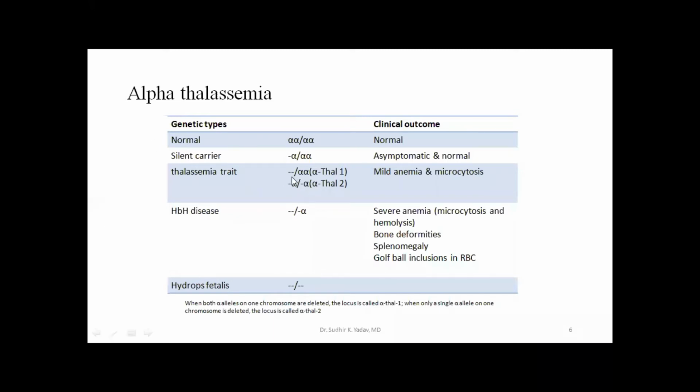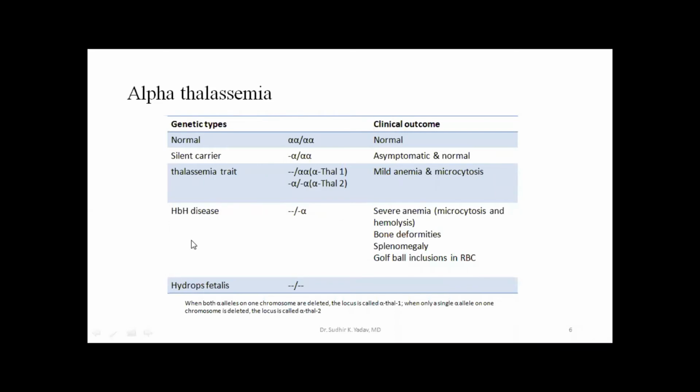If both the alleles are deleted on one chromosome, then it will be known as alpha thalassemia 1. And if one allele is deleted from both the chromosomes, it will be known as alpha thalassemia 2. And these people usually have 50% of the total production. So usually they present with microcytosis and a mild anemia.